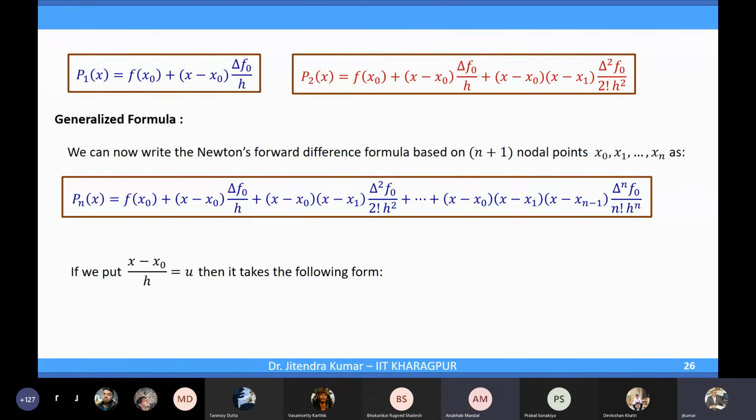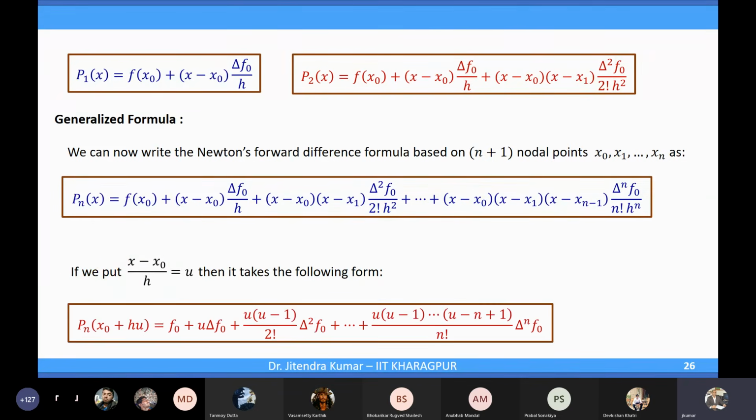There's another form. Another form is just a shift. You can make it that (x minus x0) over h you can say is your u. So basically you are defining x by a new variable u, so that a simple looking formula will come up. So x is x0 plus hu, and then you have absolutely the same thing, nothing else.